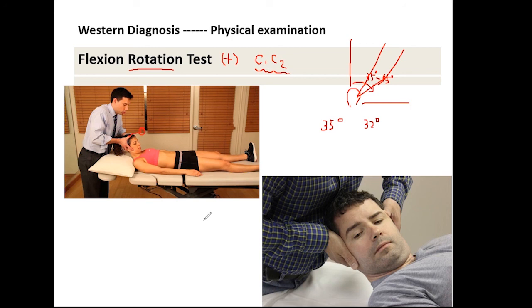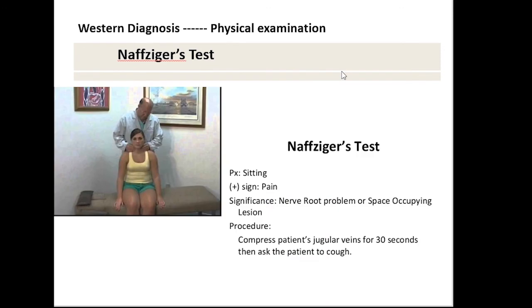That's the second test, the flexion rotation test. Flexion means moving the head closer to the body, and rotation is rotating to both sides, and then we see the degree or angle. This test checks the vertebrae in the neck area.